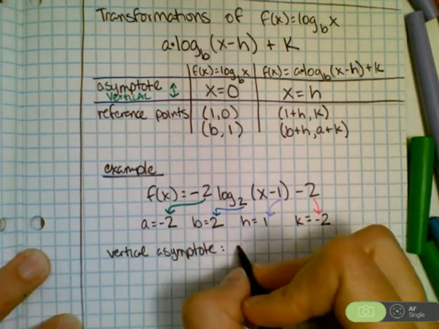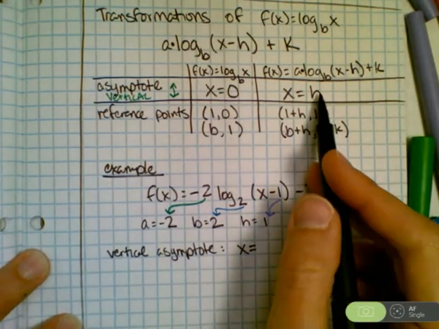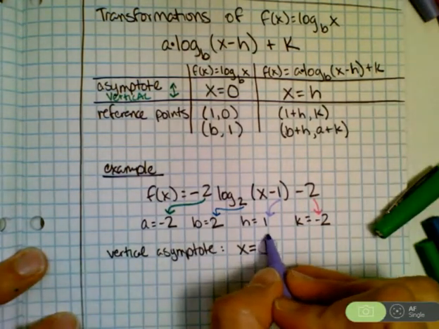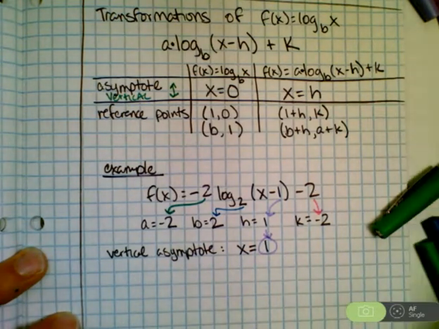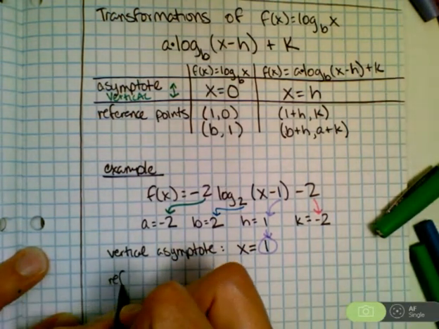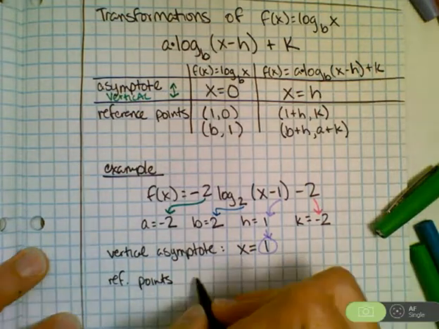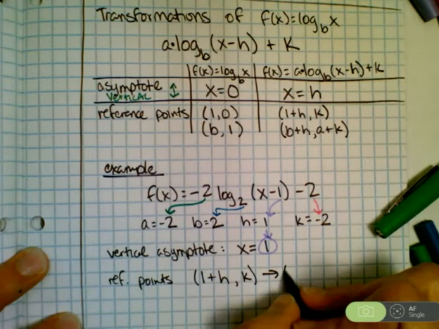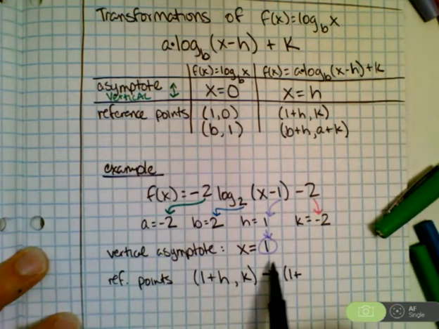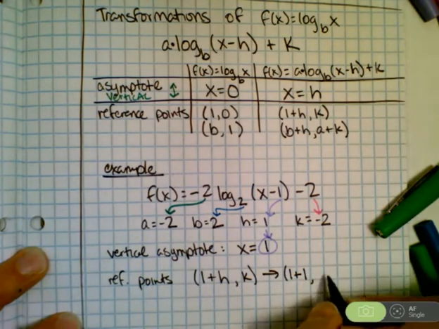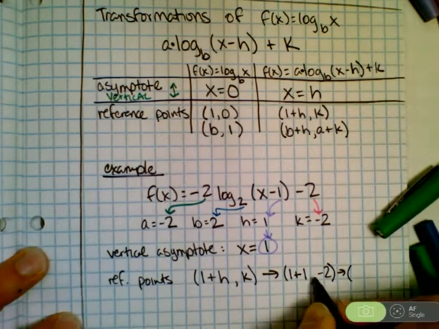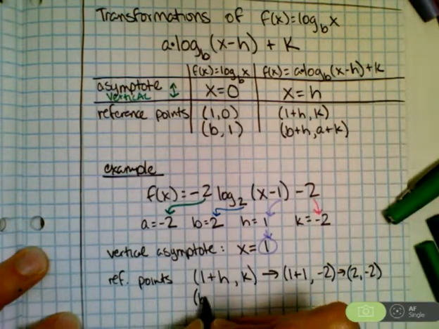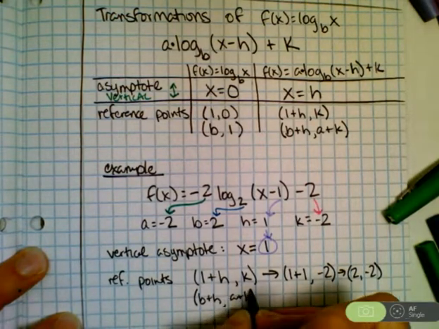My vertical asymptote is at x equals h. H in this case is 1. So that comes from my h. Now I need to find my reference points. So my first one is 1 plus h comma k, which would be 1 plus 1 comma -2, or 2, -2, and b plus h, a plus k.